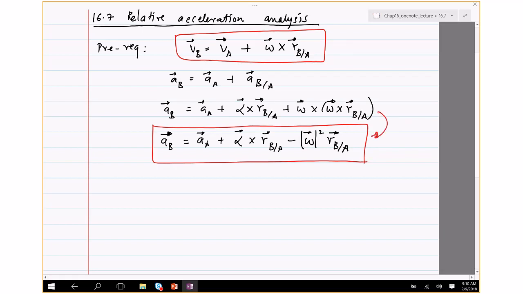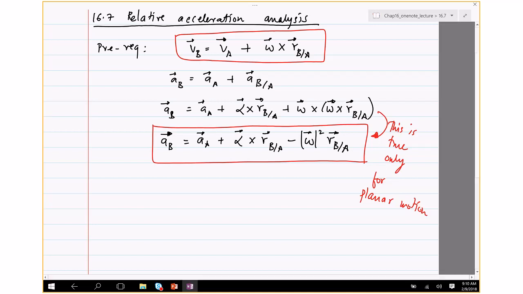The only thing I want you to remember is this is true only for planar motion. What it means is it's only true when the rigid body is rotating in a single plane. If the rotation is in 3 dimensions, then this formula is not valid. Fortunately, everything in this course is going to be planar, so we can safely use this formula.